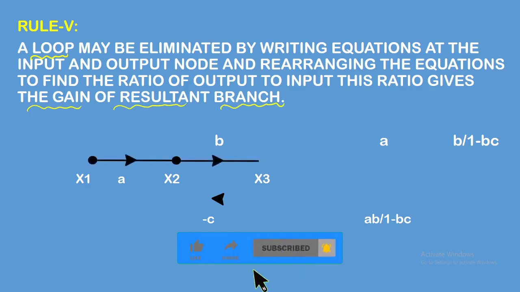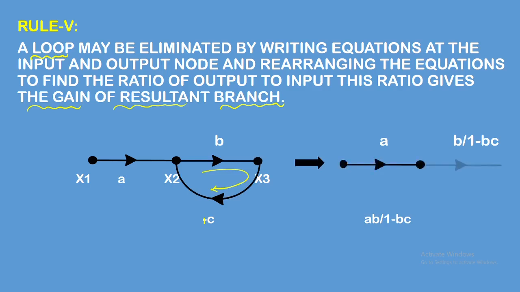If you observe here, this loop can be eliminated by considering it as a feedback, then eliminating this loop by using the feedback formula. We already know B divided by 1, if it is a plus, it is a minus, 1 minus BC. Here the loop is eliminated, and B divided by 1 minus BC is represented with the single branch here.